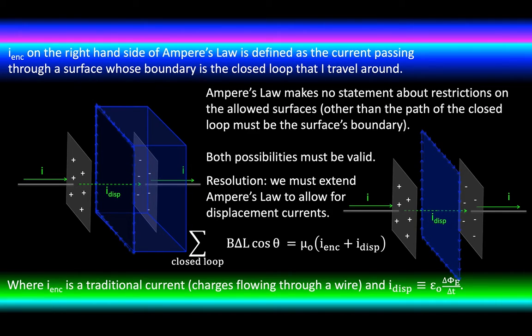And again, rate of change of electric flux, you could think of it in the same way as rate of change of magnetic flux. All you have to do is, instead of magnetic flux, you're now dealing with electric flux, but still the same principle.